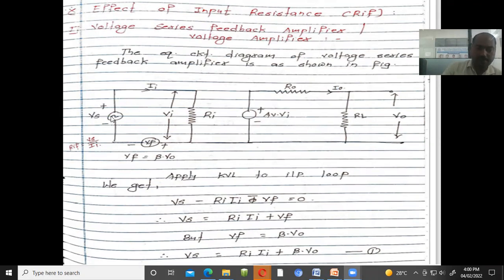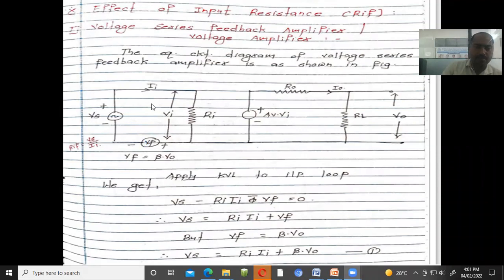Applying KVL to the input loop, we start with this Vs, so it is a positive Vs. Then going towards here, Vs goes towards Ri, so it is Vs minus Ri times the current flowing through it, Ii, and going towards here, minus Vf.